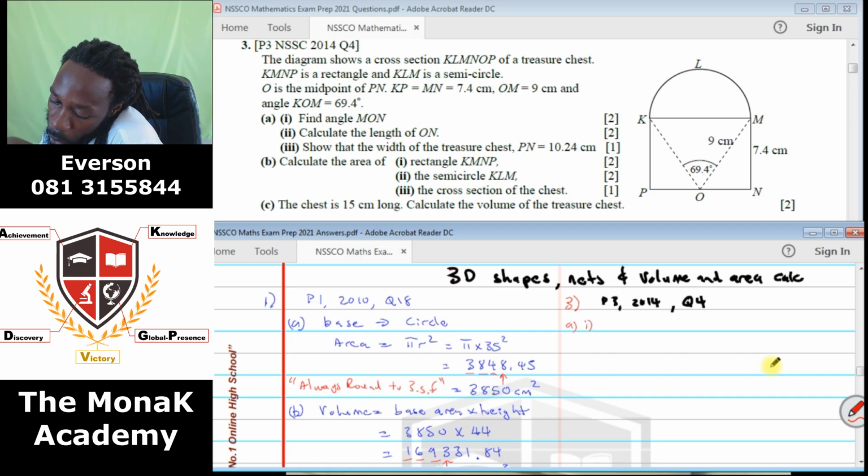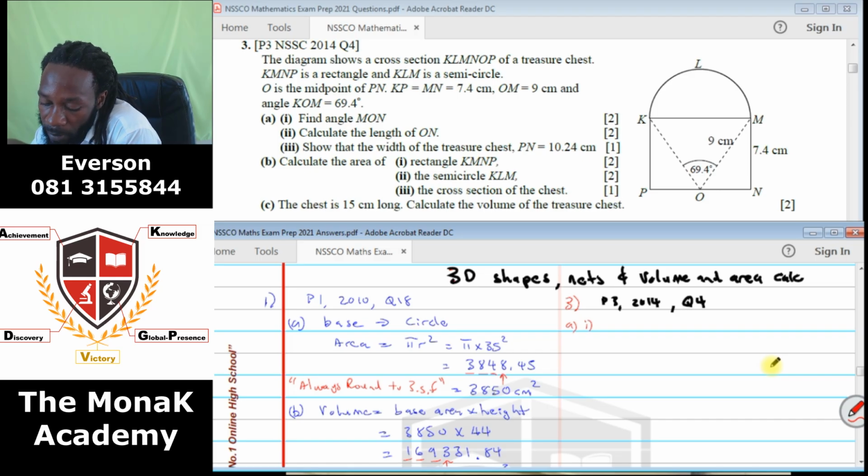The diagram shows a cross section of KLMNOP, a treasure chest. KMNP is a rectangle, KLMN is a semicircle, O is the midpoint of PN, KP equals MN equals 7.4, OM is 9. So they are just describing what we can see on the diagram, which is good.